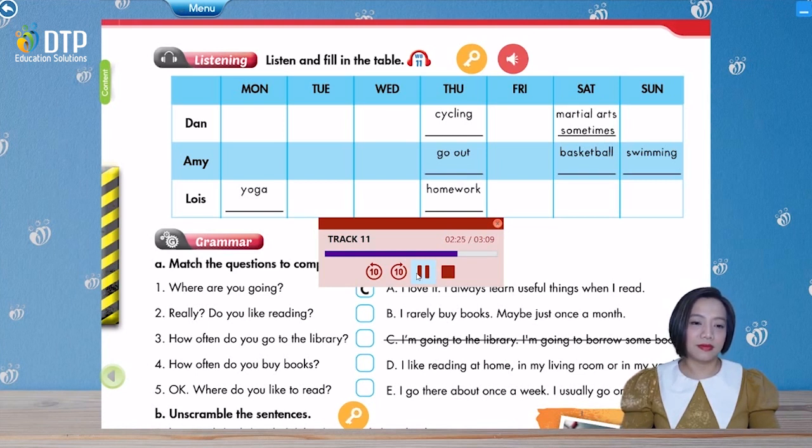I think she usually does yoga on Mondays. 4, Is there anything else that you like doing, Dan? Sure, I often go cycling on Thursdays. You can join me if you want. Sorry, but I rarely go out on Thursdays. 5. Amy, do you think that Lois could go cycling with me? I don't think so. Lois is always doing homework on Thursdays. Ah, okay. 6, Amy, is there another sport you like to do? Yes, I love sports. I often play basketball on Saturdays.